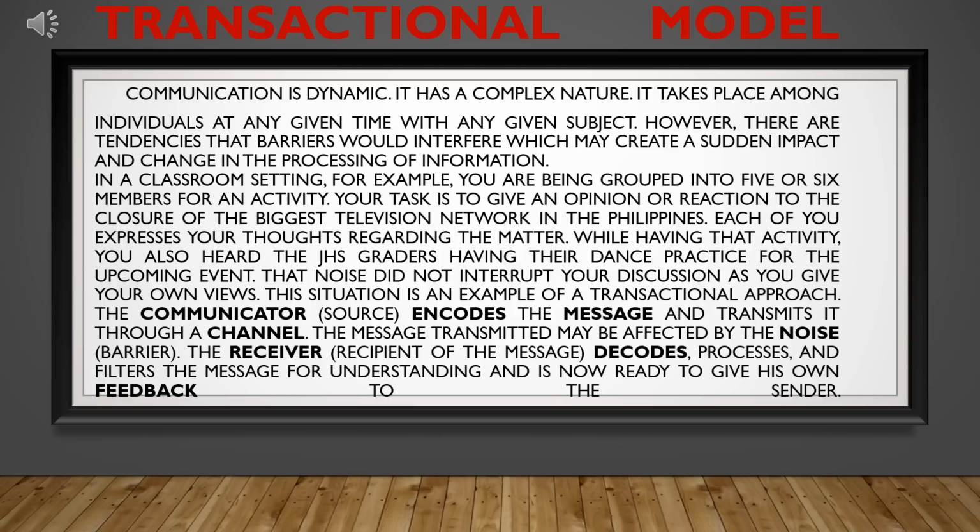Also, it does not have the field of experience, which is present in the Schramm model. So this one highlights the so-called noise between the speaker and the receiver. But regardless of the noise, as you heard from the example, still you have the transmission of the message.